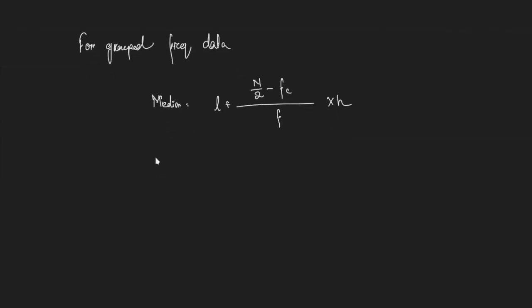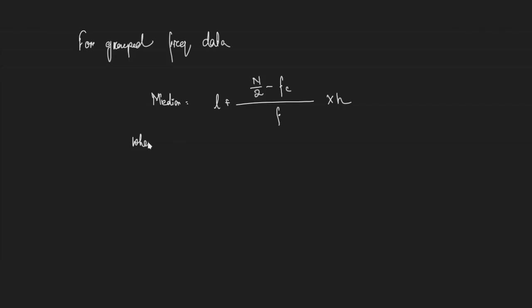So where L is the lower class limit of the median class.